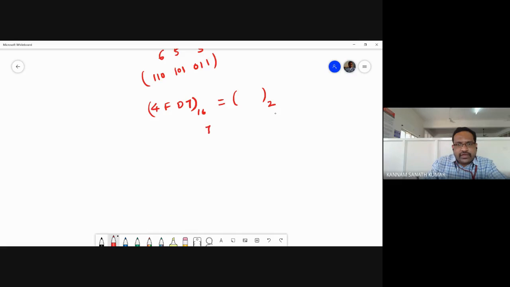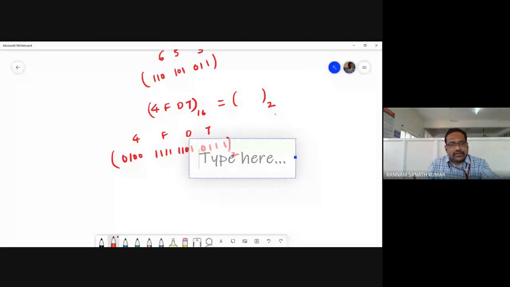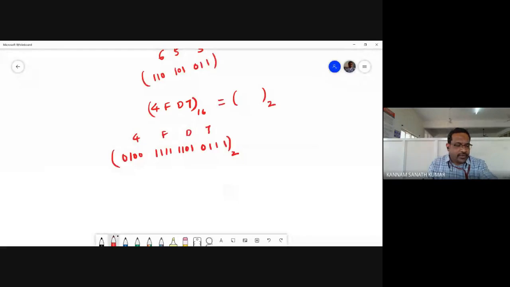So 7, D, F and 4. You need to find out 7 is how much? 0111, and D is 1101. You need to remember this, the hexadecimal representation into binary. Okay, 4 is 0100. So to the base 2. This is how we can convert hexadecimal to binary.